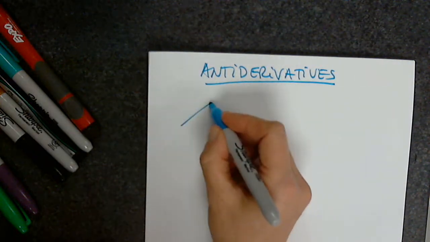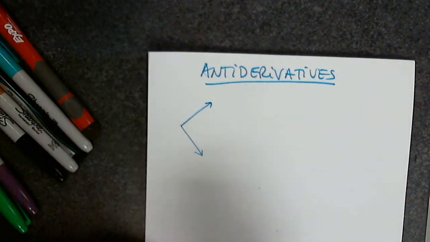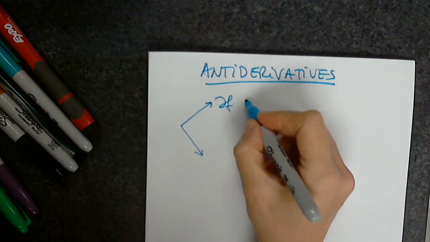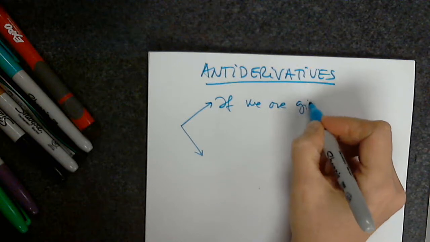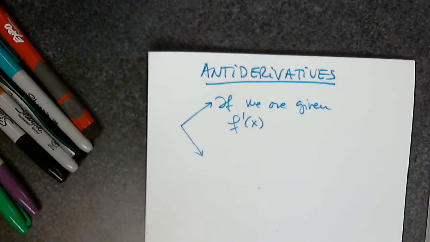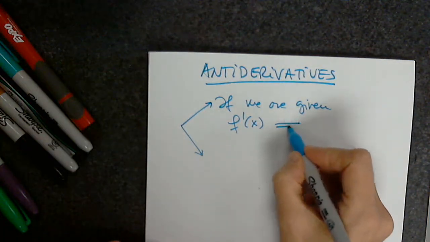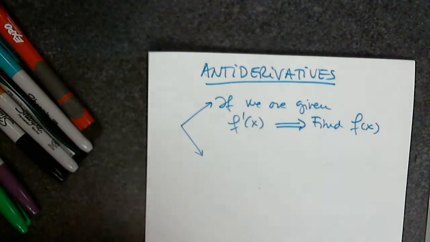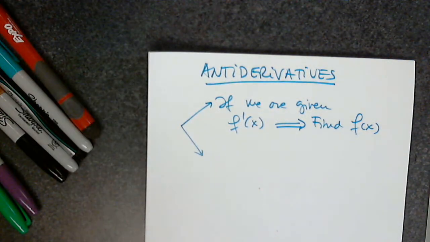So we have, first of all, 2 notations, and they are important to understand. If we are given f prime of x, we will be asked to find f of x. So if we are given a function and we are specified that that's a derivative, we will be asked to find the function whose derivative is given to us.